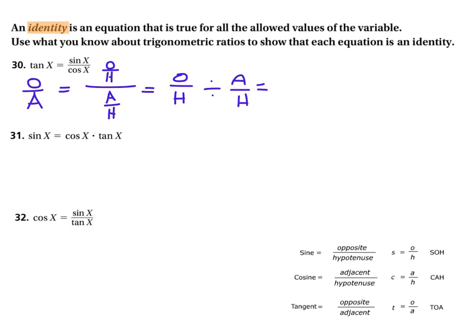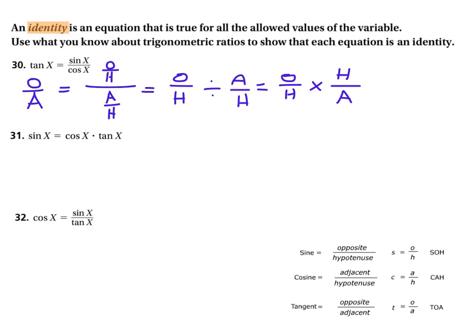If you're dividing fractions, the first one stays what it is, opposite over hypotenuse, stay. You switch from division to multiplication, and then you flip the second fraction to its reciprocal, h over a, stay, switch, flip. That's how you turn a division problem into a multiplication problem.